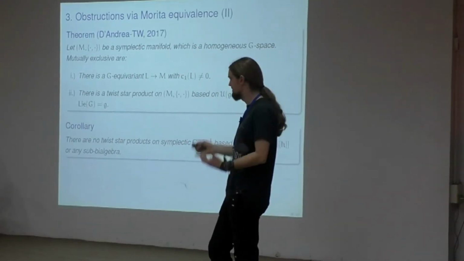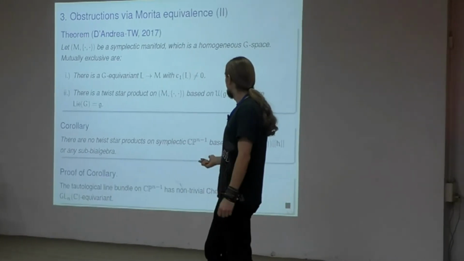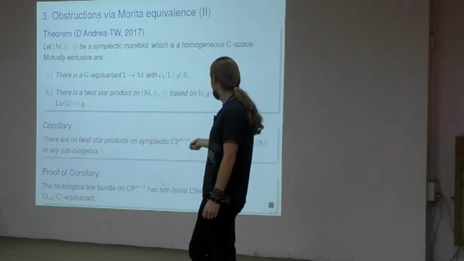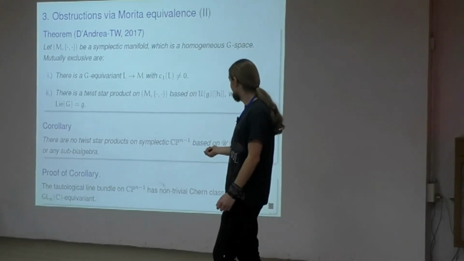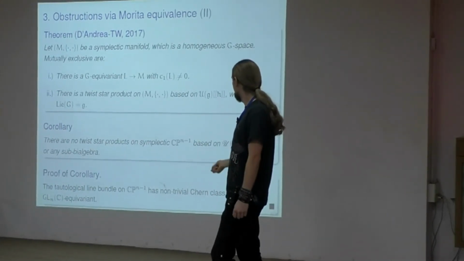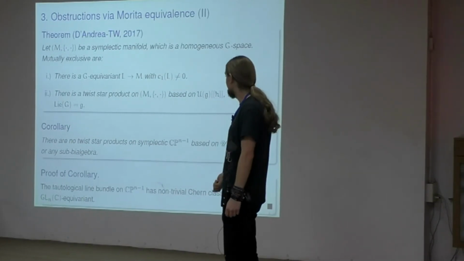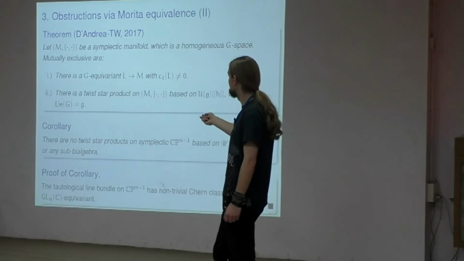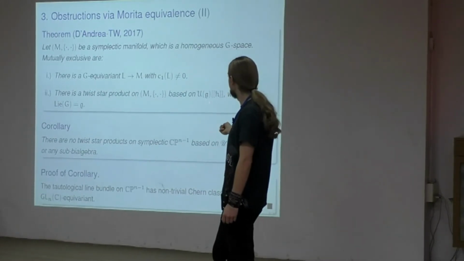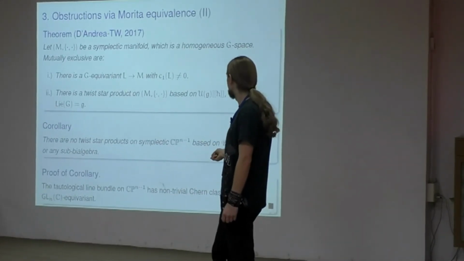And they are not twist. Okay, and so proving the last point is very easy. You have the tautological line bundle on CP^(n-1), which has non-trivial Chern class, and it's GL_n(C) equivariant. So this just means if we use this here, you can see there's no twist star product on CP^(n-1).